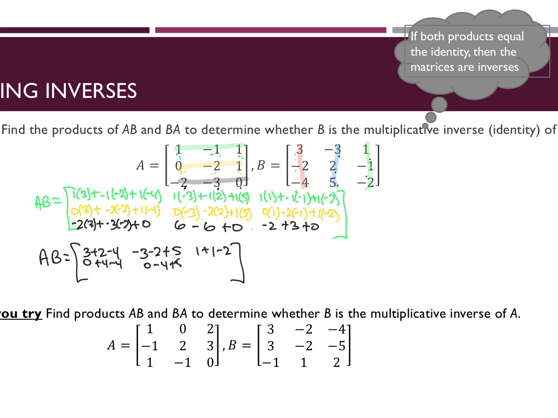And for column 3, 0 plus 2 minus 2. The bottom row, we have negative 6 plus 6. We have 0 and we have 1. And so when we simplify here, we will get our identity matrix.